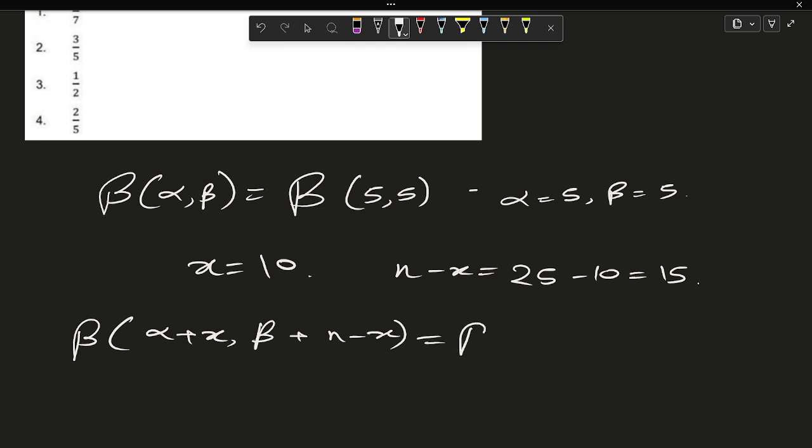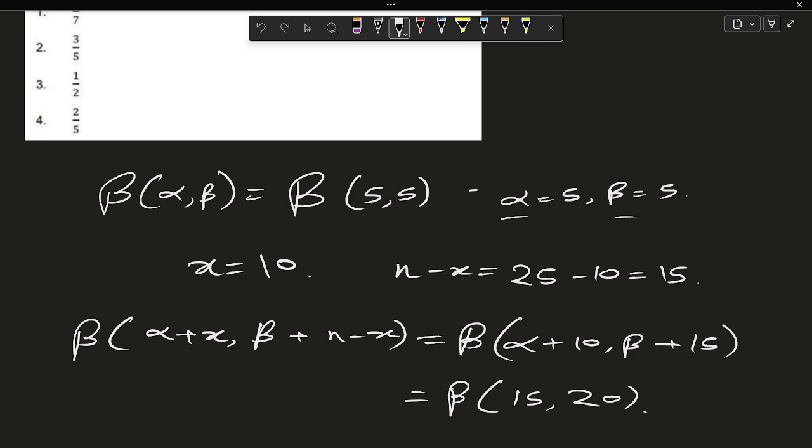That is alpha plus 10 and beta plus 15. As alpha and beta are 5 each, the posterior is Beta(15, 20).